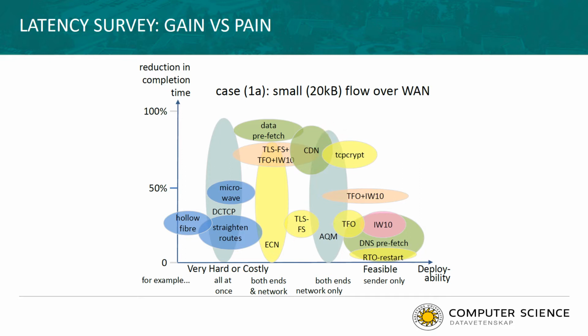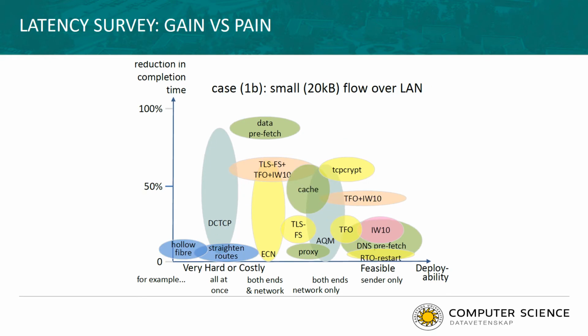You can look at the details in the paper for how these different mechanisms work. If we move on to look at the same graph but for a different communication scenario, I want to illustrate how the delay and the completion time for the flow is dependent on the size of the flow and the communication scenario.